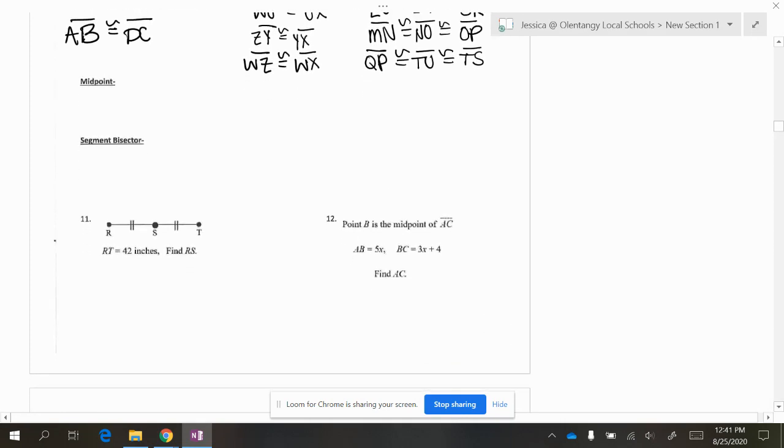All right, talking about midpoint, you should know what midpoint is. It is a point that cuts a segment in half.